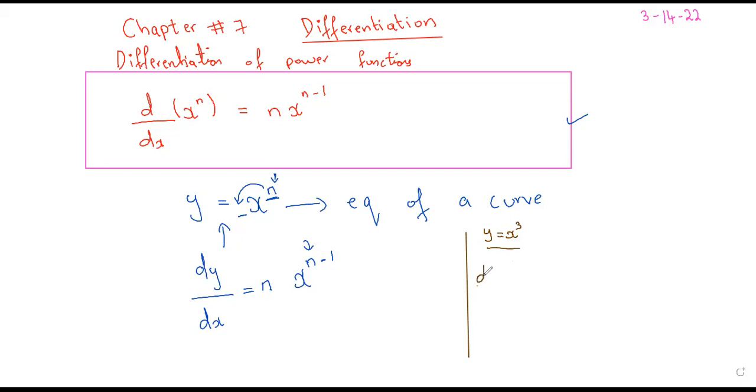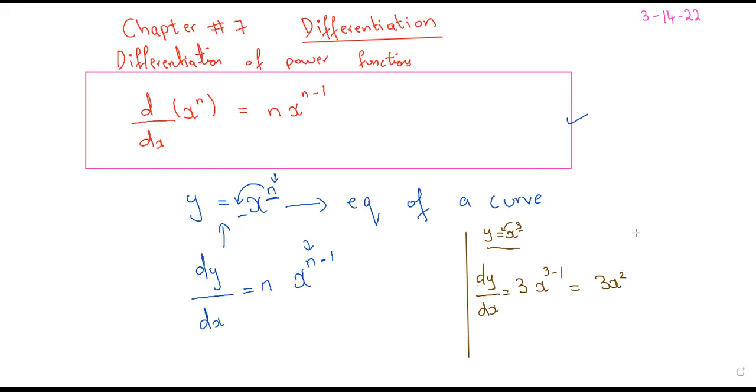So again, step 1, dy by dx equals this number, that is the exponent, that is the power, comes right next to x, 3x, and what would be the new power? Old power minus 1. So that would be 3x squared.